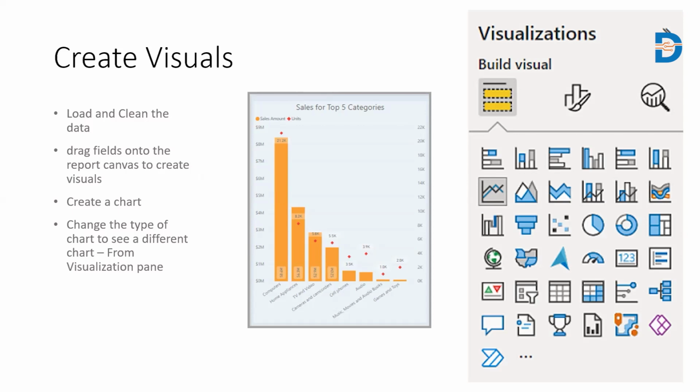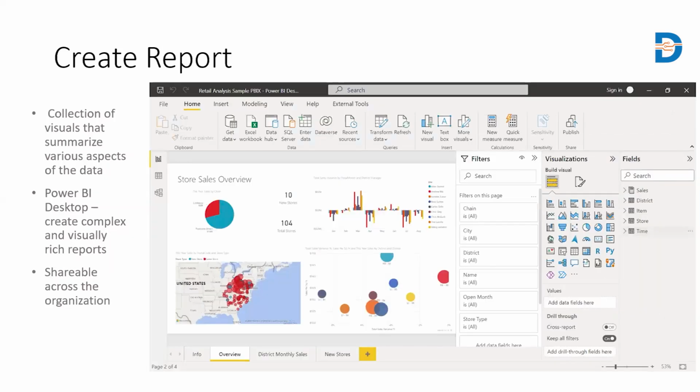It lets you load the data, clean the data, and drag fields onto the report canvas to create visuals the way we want. We can create a chart, change the type of chart, or see the same data in a different form, all from the visualization pane.